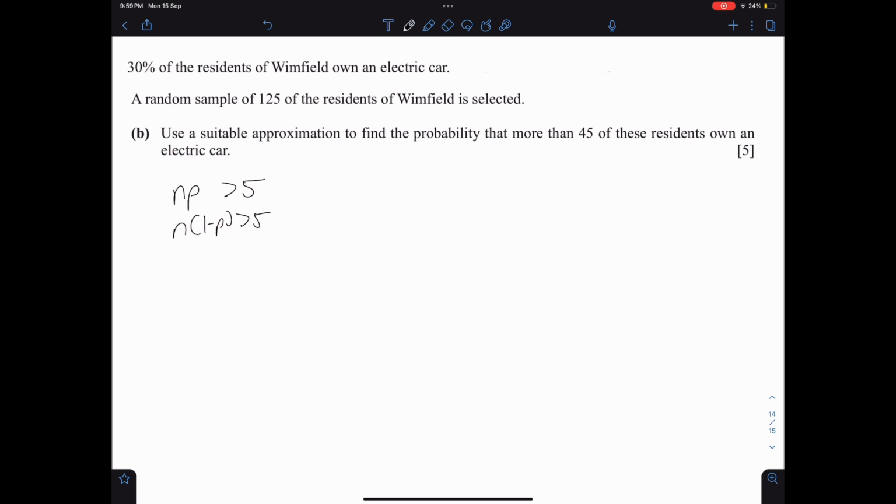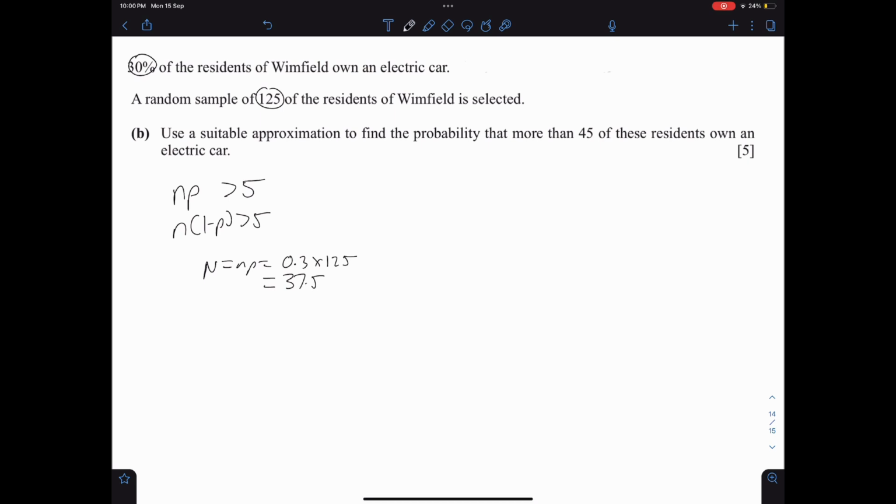So the first thing you do is you work out your new parameters. Mu equals np, which is 0.3 times 125 here. This is your n, this is your p. So 37.5.